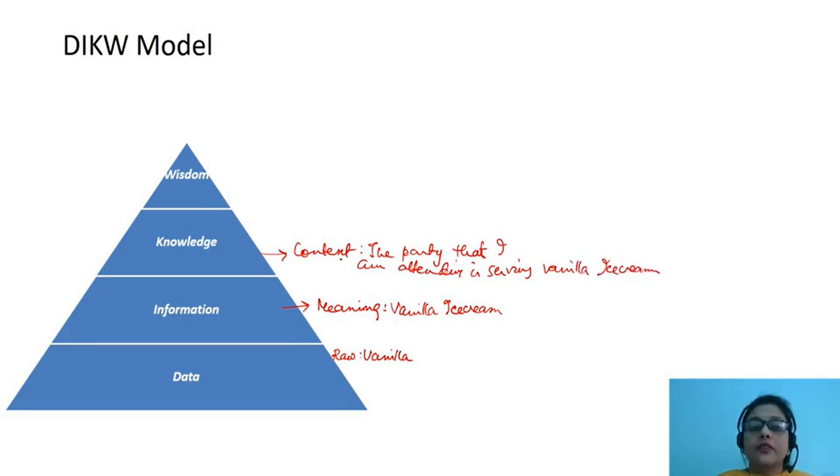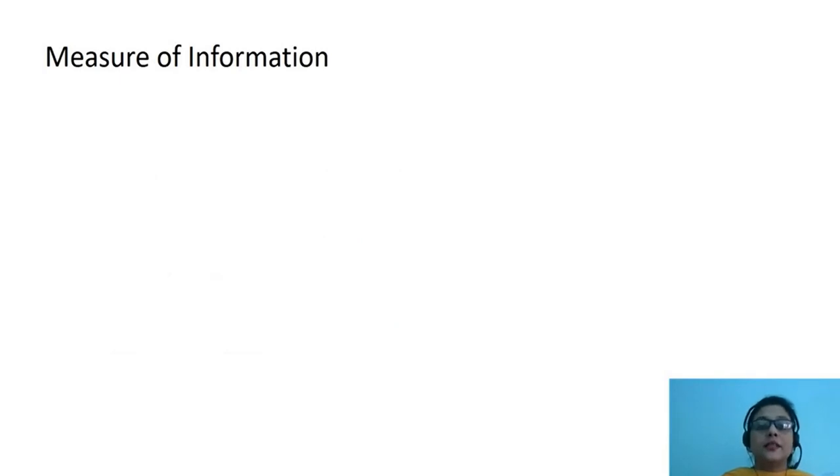So we understand with reference to what context we are getting this vanilla ice cream. Now for the wisdom part, we can apply it for doing the work. What work can we do? I may taste the ice cream.